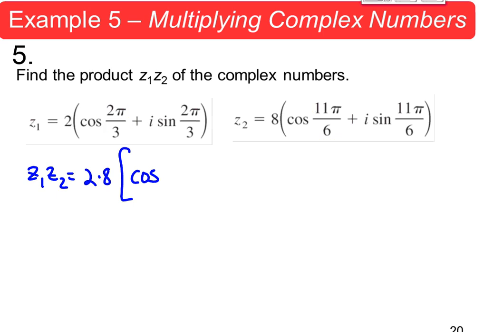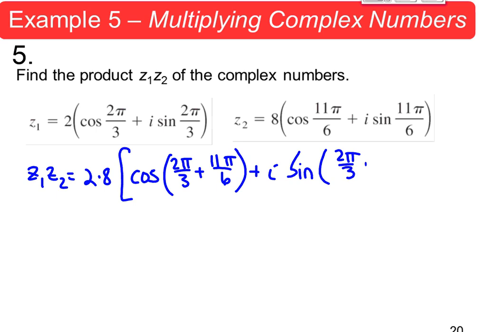So that's going to be cosine of (2 pi over 3 plus 11 pi over 6), plus I sine (2 pi over 3 plus 11 pi over 6).